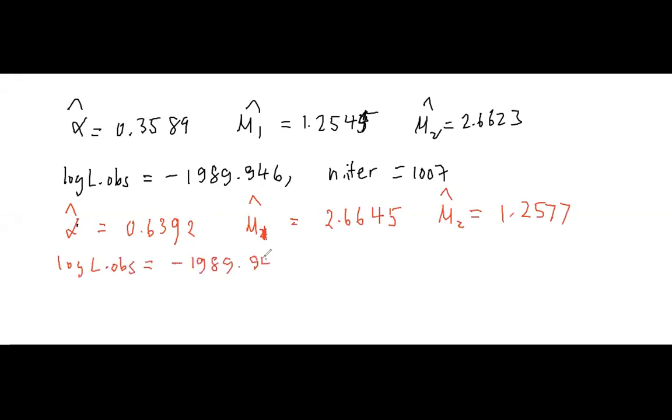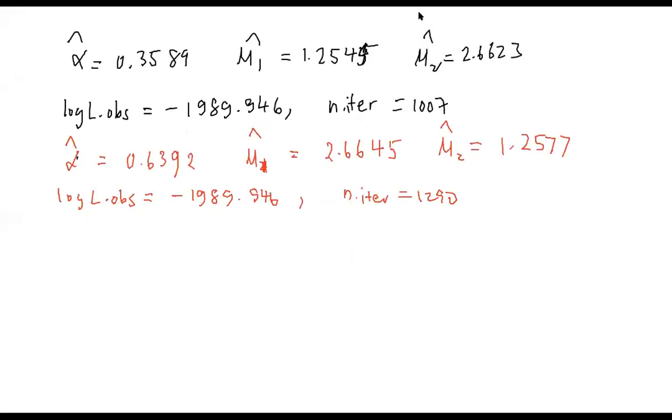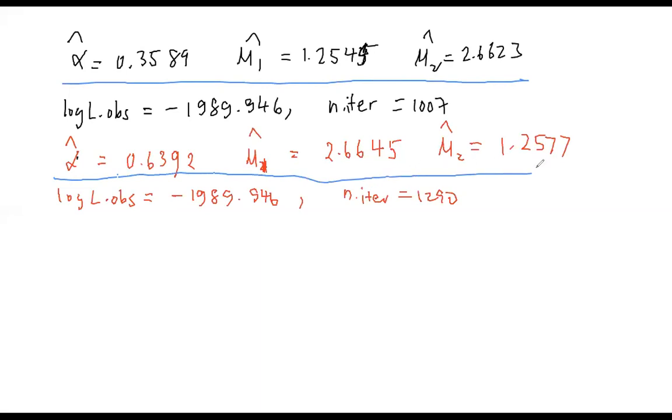What do you notice about these two sets of estimates? Remember here, our model is this.